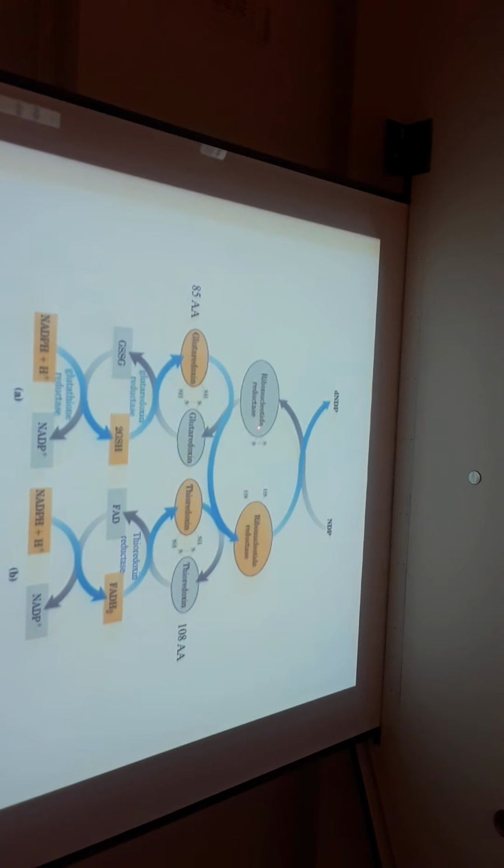In order to regenerate the reduced form of these two cysteine residues, we can go through two possible pathways. We can either utilize so-called glutaredoxin or thioredoxin. Both of these are peptides or small proteins that also contain sulfhydryl residues, which can change between the reduced sulfhydryls and oxidized disulfide.